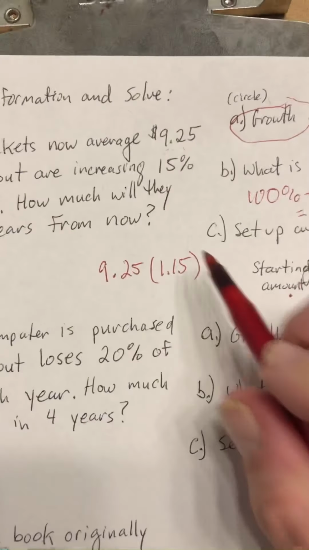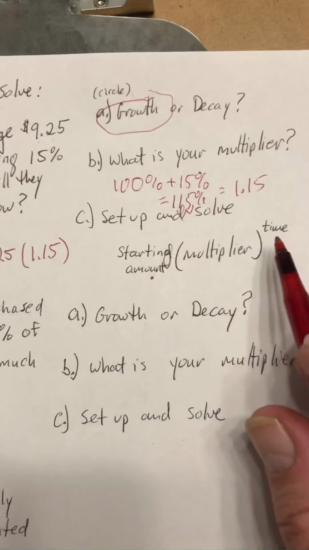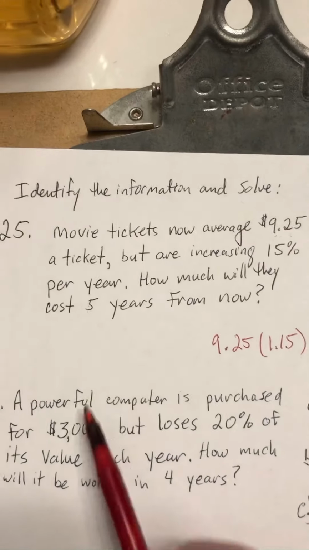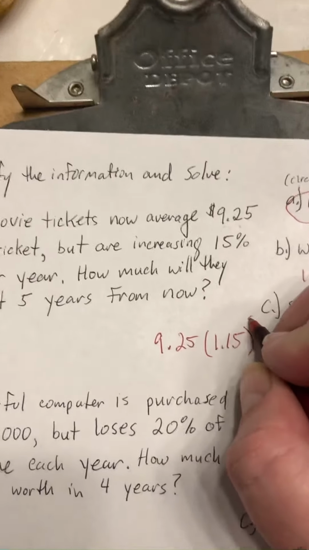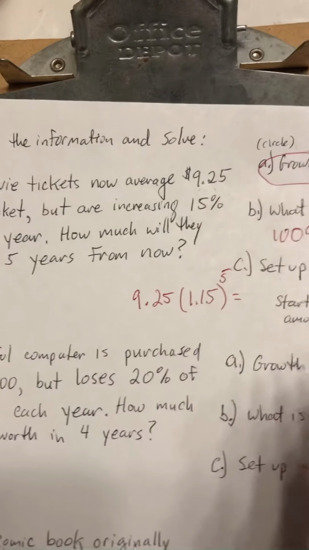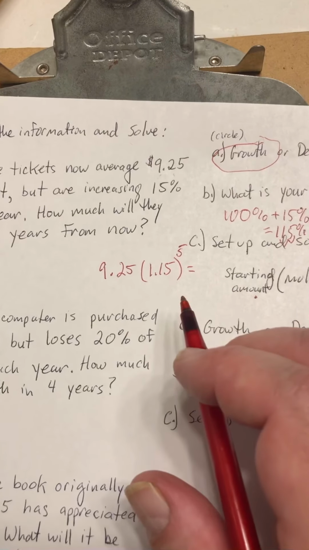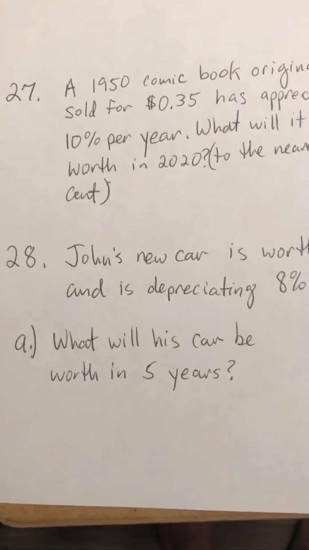And we raise it to the time. That's how long something is growing or decreasing. So 5 years from now, we raise it to the 5. And you'd simply plug that into the calculator to get that value, and you would get the answer to that one.